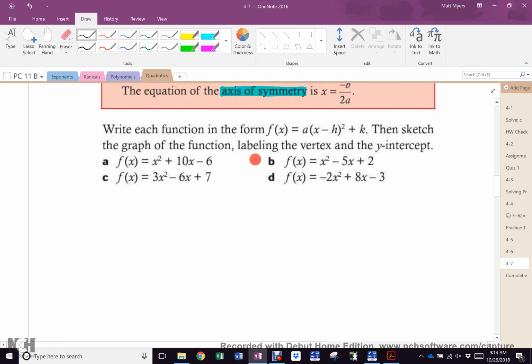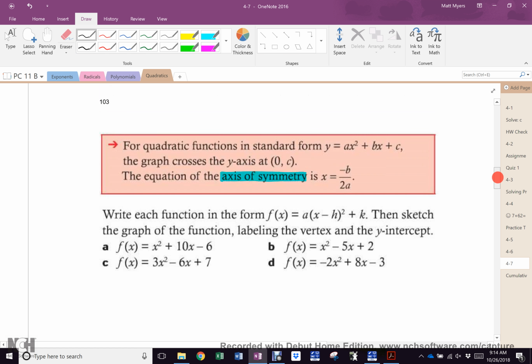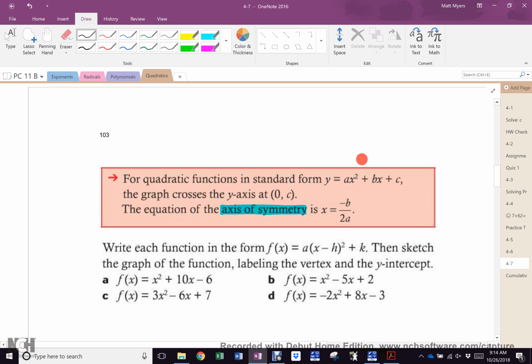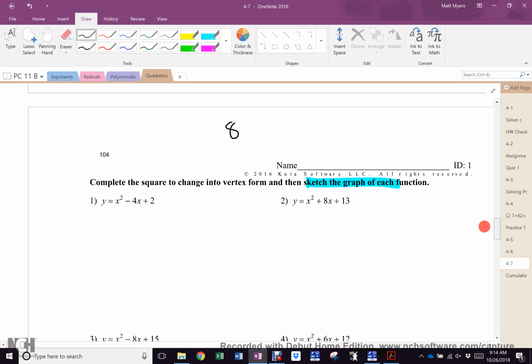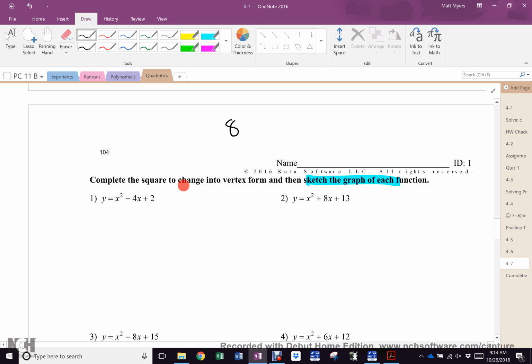If you want to do complete the square, complete the square. If you want to use this right here, you can use that too. I don't care. Everybody good? Even though this last page says complete the square, I don't care. Use whichever one you want.